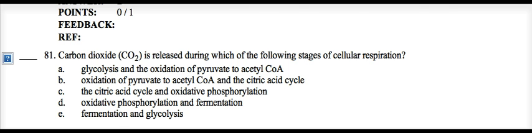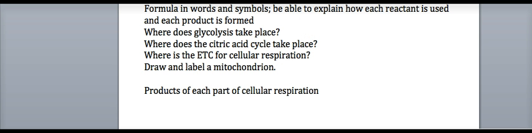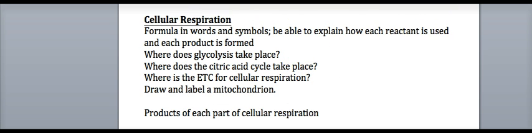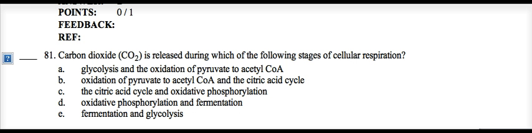If you remember, one of the things I said you should be able to do with cellular respiration is explain how each reactant is used and each product is formed. And if you can do that, that really gives you the whole picture of cellular respiration. This question is really asking for you to know exactly where carbon dioxide is released.